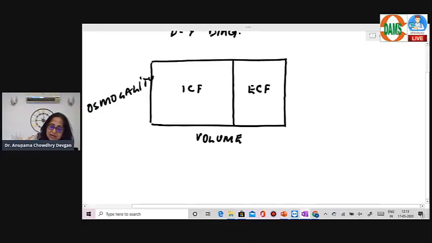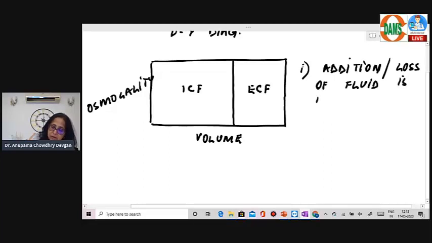What is that DY diagram? Now, three basic principles. Number one, addition or loss of fluid is from the ECF. Number two, ECF osmolality.